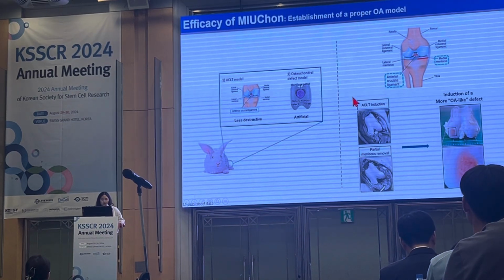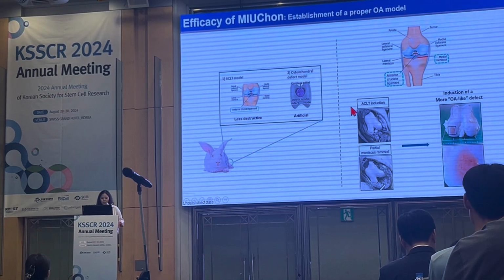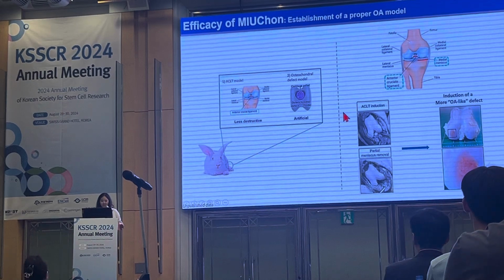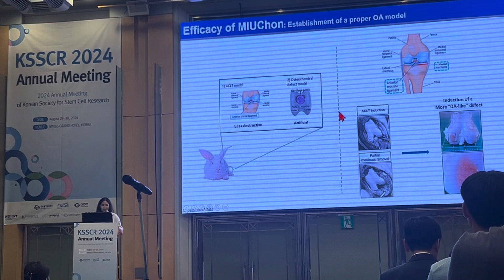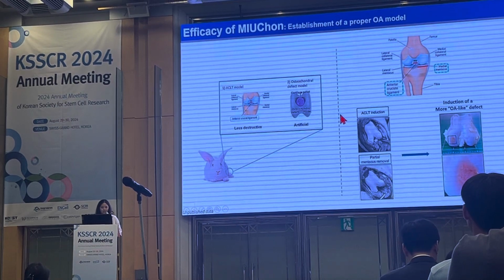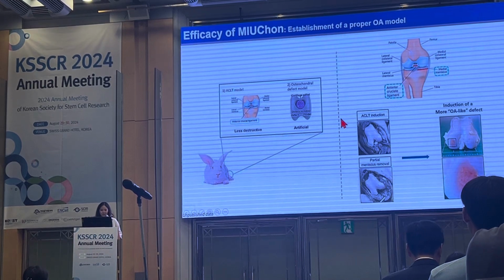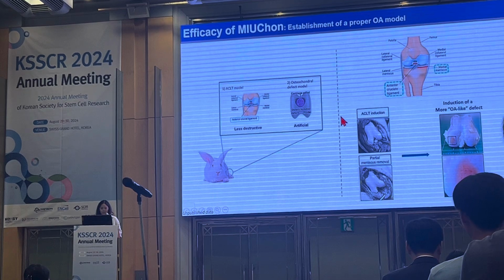However, actually the rabbit model does not represent human osteoarthritis, so we had to develop an OA model in a larger animal. Through our previous studies, we confirmed that the ACLT model showed less destructive cartilage characteristics, so it was hard for us to confirm significant efficacy by MUCON.